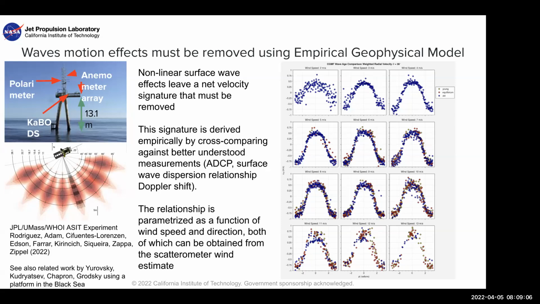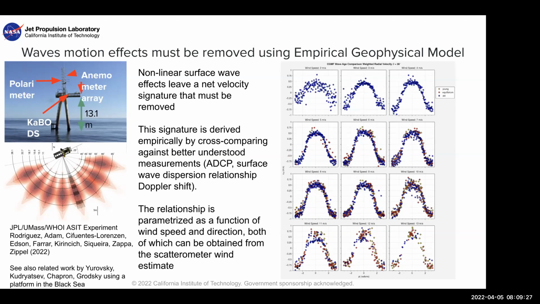Unfortunately, for physical reasons that I can get into in discussion, the averaging process does not average out all the radial velocity of the surface waves. And so another geophysical model function, which depends on wind speed, must be used in order to reduce these wave effects.